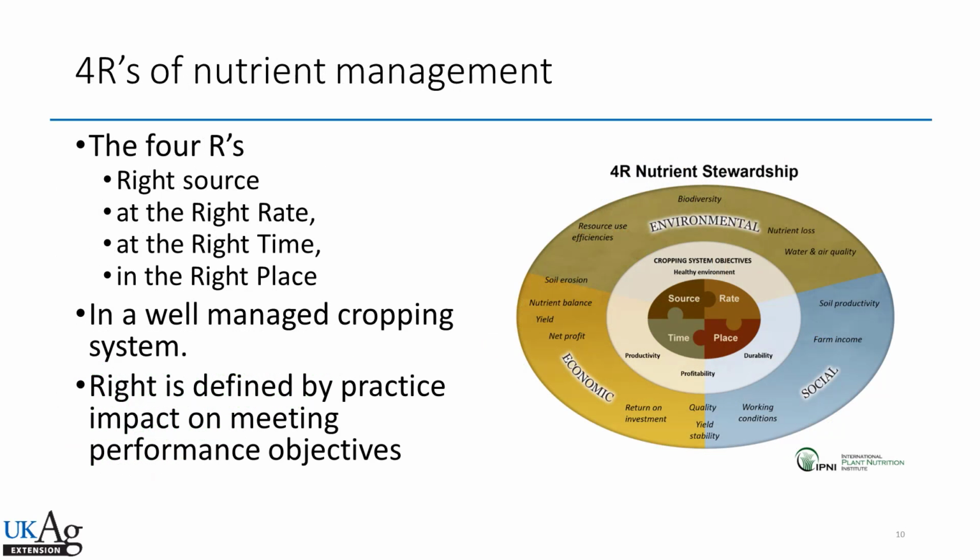So let's wrap things up by talking about the 4 R's of nutrient management. The 4 R's are applying the right source at the right rate at the right time in the right place. But we've got to remember that it's not just how, where, when, and what fertilizer we apply, but we've got to do this in a well-managed cropping system, because again, a productive soil is always fertile, but a fertile soil is not always productive. So we've got to make sure that that cropping system is well managed.